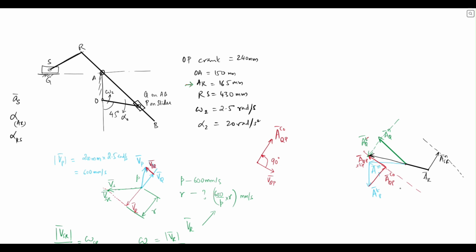of the same. We also know that the acceleration of S has to be on the x-axis of this diagram, so we can extend that over there, and this intersection point becomes the point S. We can get the acceleration of point S, and we can get the acceleration of S with respect to R tangential.